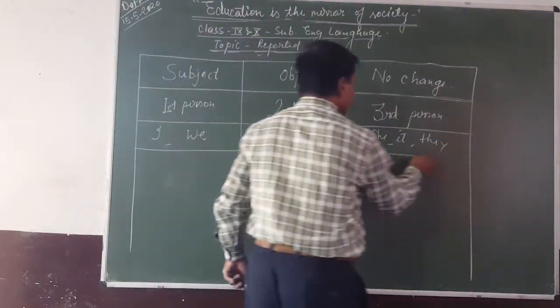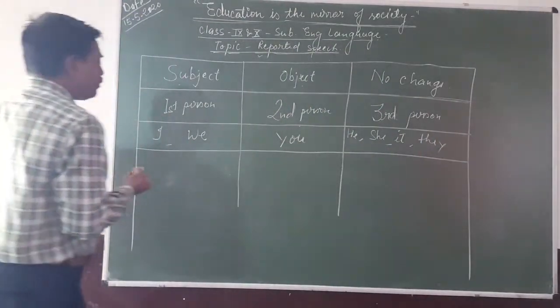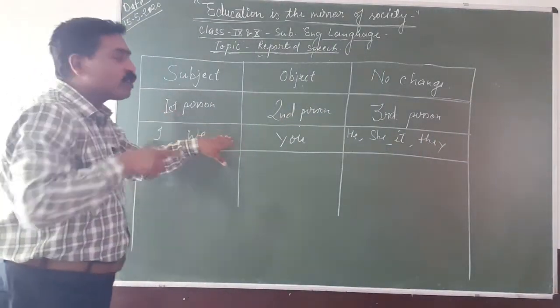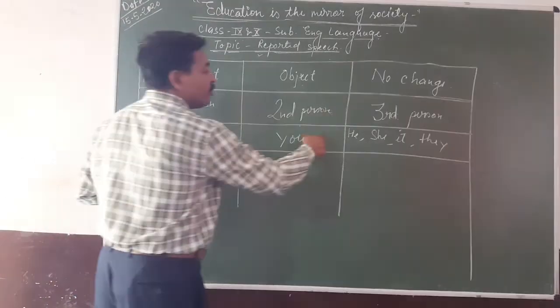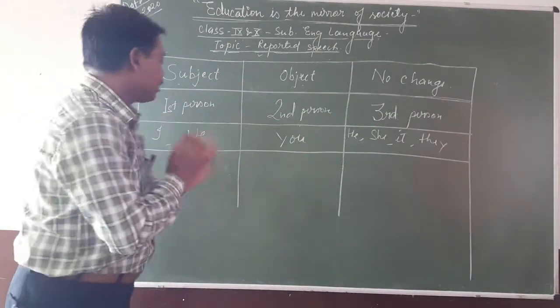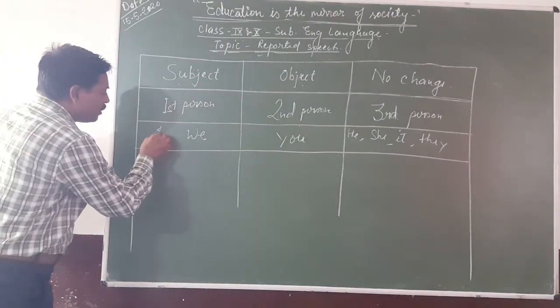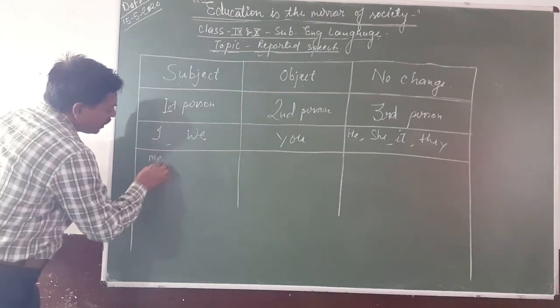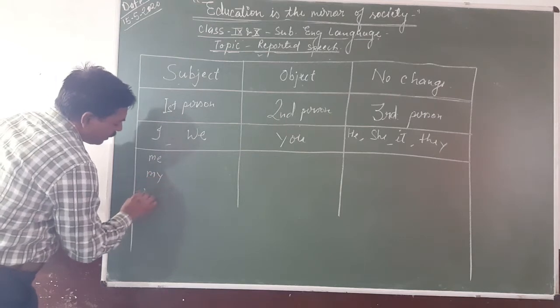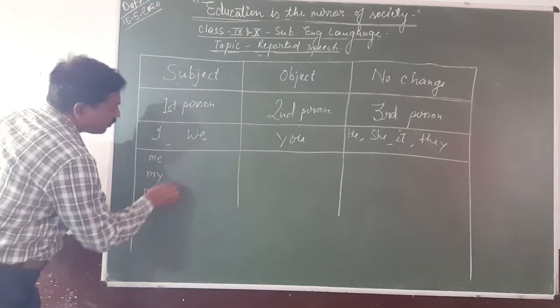Okay? And these are subjective pronouns: I, we, you, he, she, they. Now you see the objective pronouns as for my, me, my, and mine.